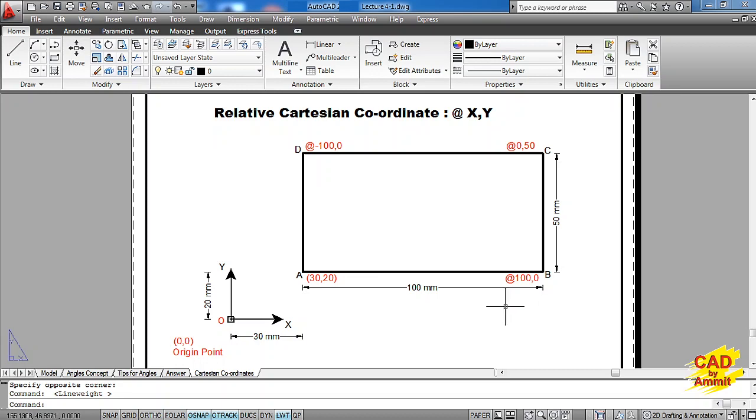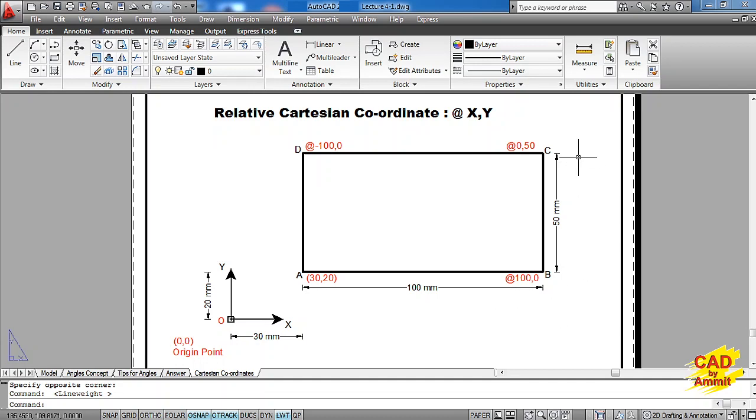And here I'll say @. Now the horizontal distance is taken from previous point A only. So x coordinate will be 100 and the y coordinate will be 0 because both the points are in the same horizontal alignment. So the relative Cartesian coordinate for point B should be @100, 0.